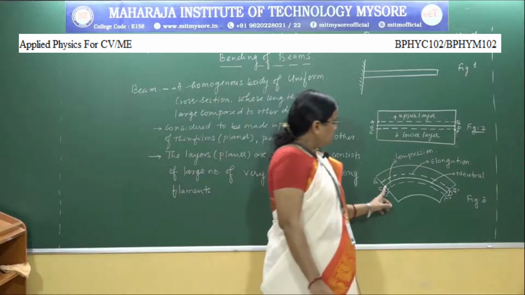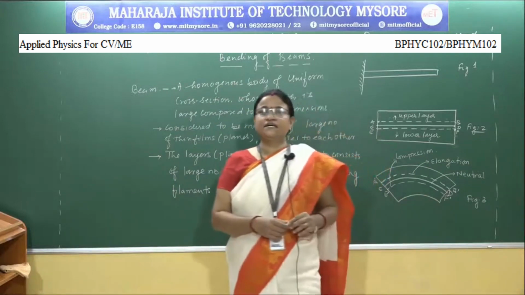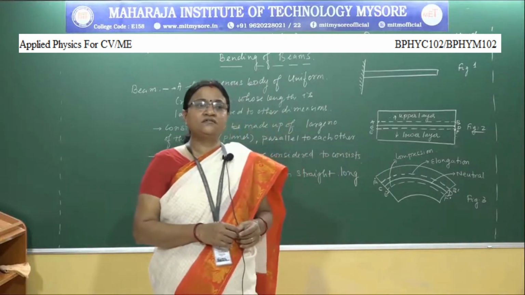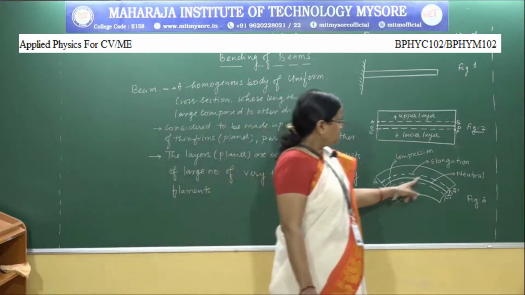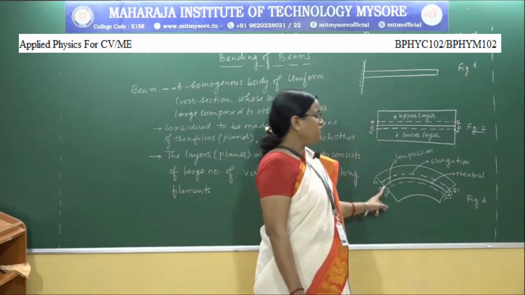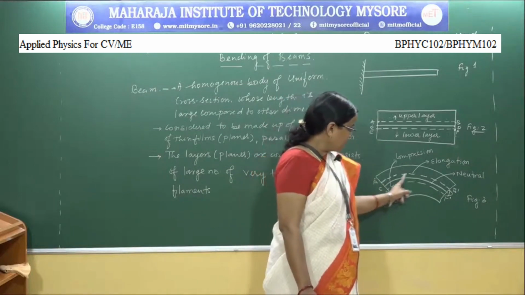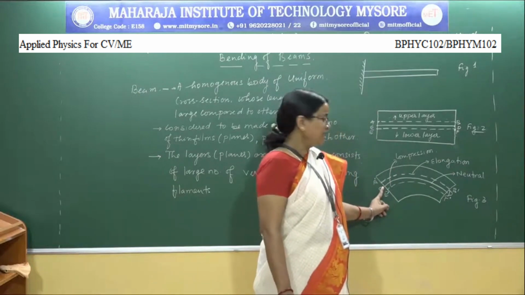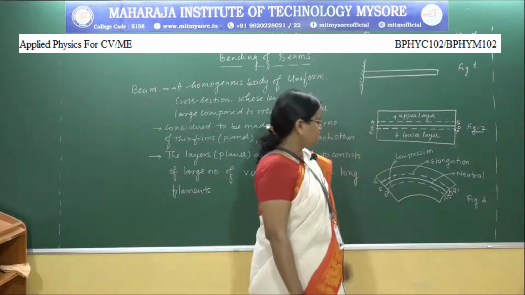So one such layer, CD, is what we consider a neutral layer or neutral filament, where no change happens. If we take this reference layer CD, we call it the neutral layer, and CD we call the neutral axis.